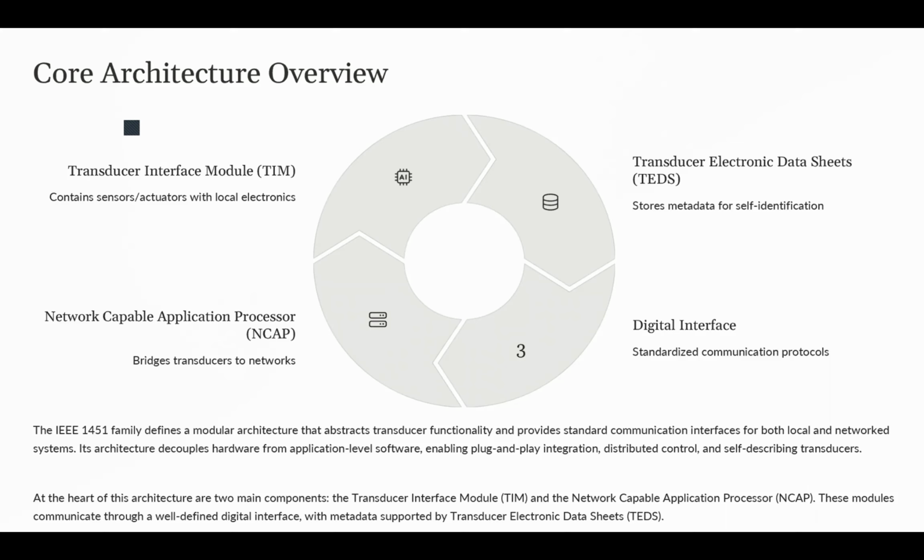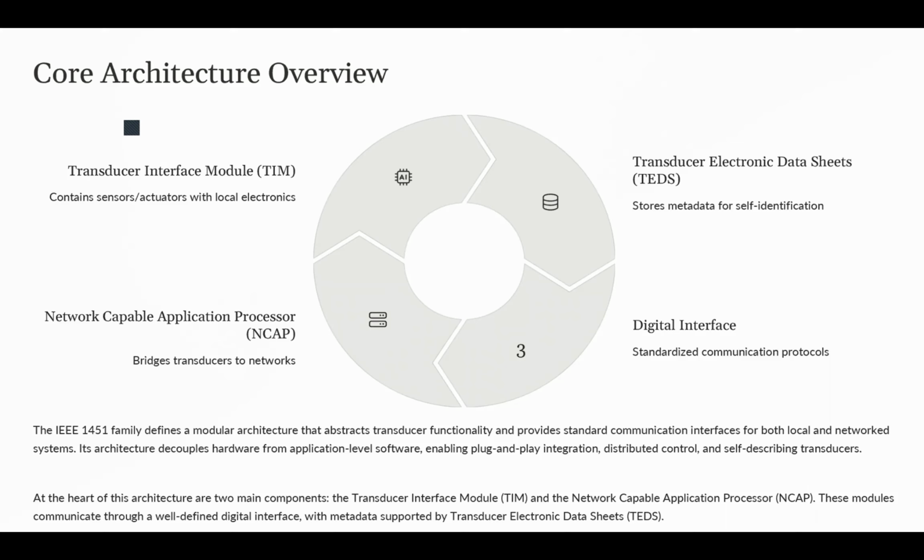What is in the TEDS is essential self-identifying information, like sensor type, measurement range, resolution, or calibration data, that basically defines the characteristics of that transducer, so the system could know what kind of component it deals with and what the characteristics of that component are.